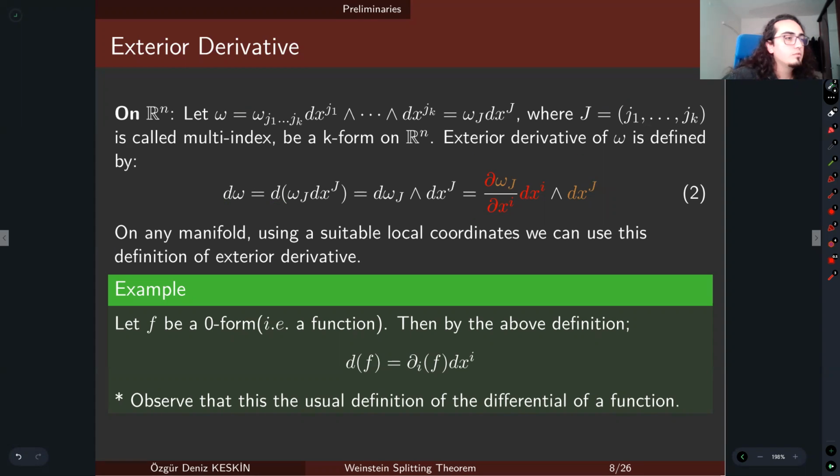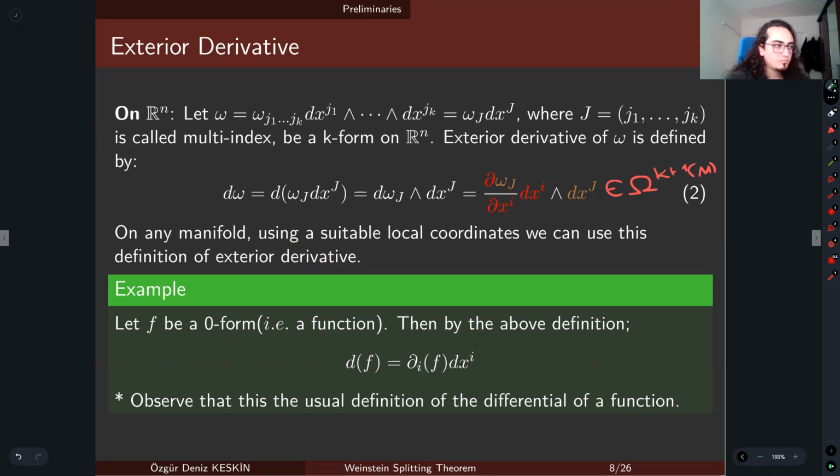Here simply what we do is take the i-th derivative of the omega_J component function, and take the wedge product of dx^i with dx^J, and the output of the exterior derivative of omega here will become a (k plus 1)-form. Using suitable local coordinates on any manifold, we can use this definition of exterior derivative.